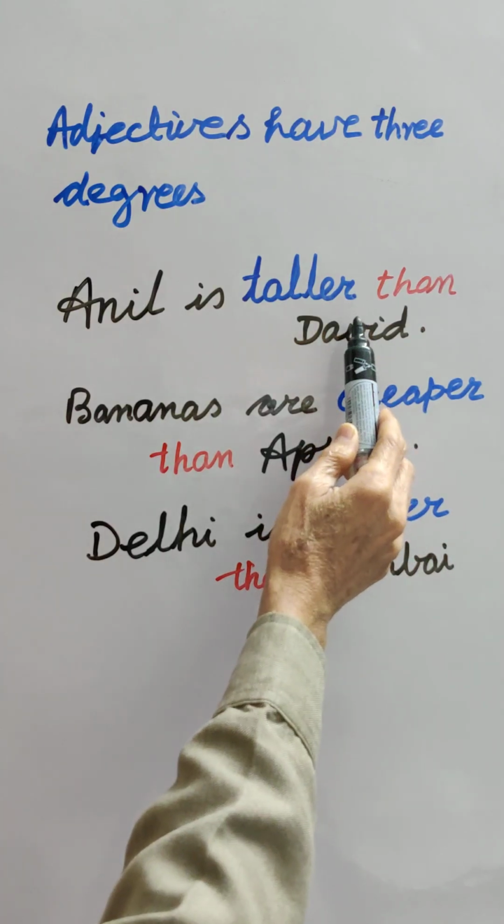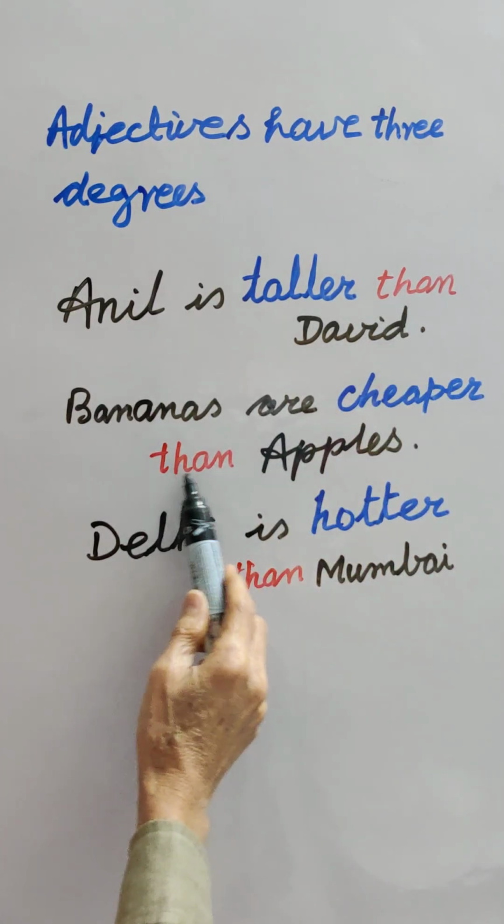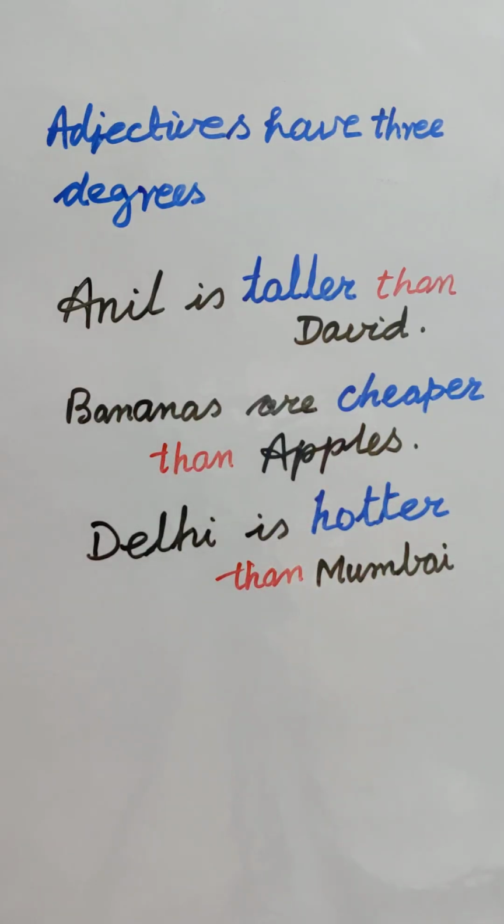After these all, we use the word than. So if there is a blank before the word than, and after the blank then is written, you have to fill in the blank with the comparative degree.